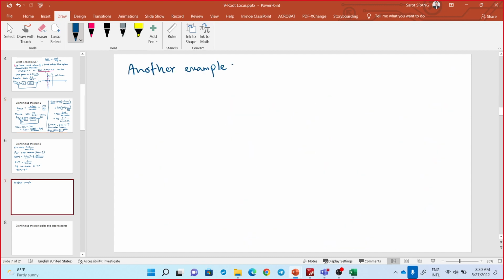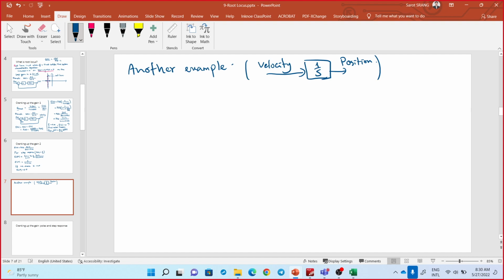For the next example, let's consider a position model. If you have velocity, then what transfer function do you need to get position? What is in between? It is an integrator, right?